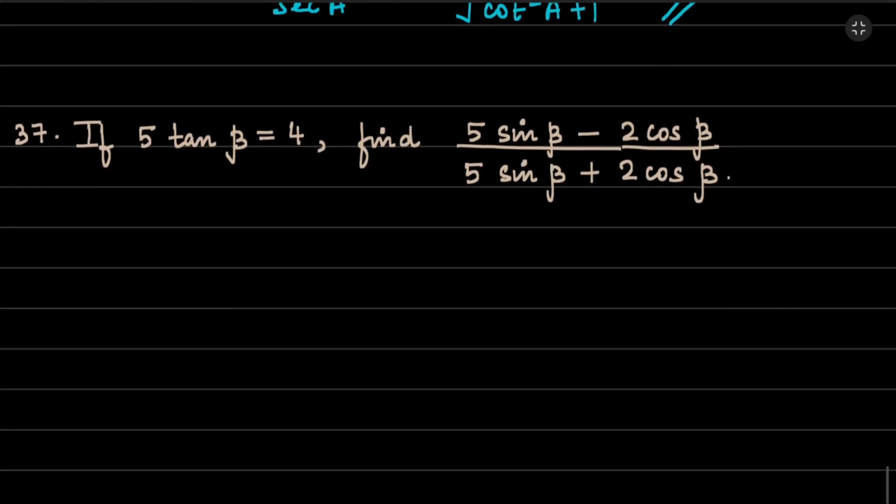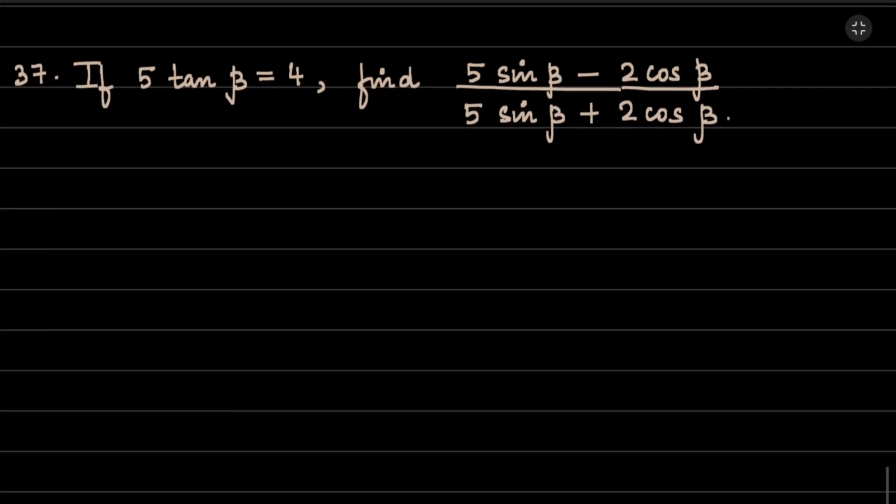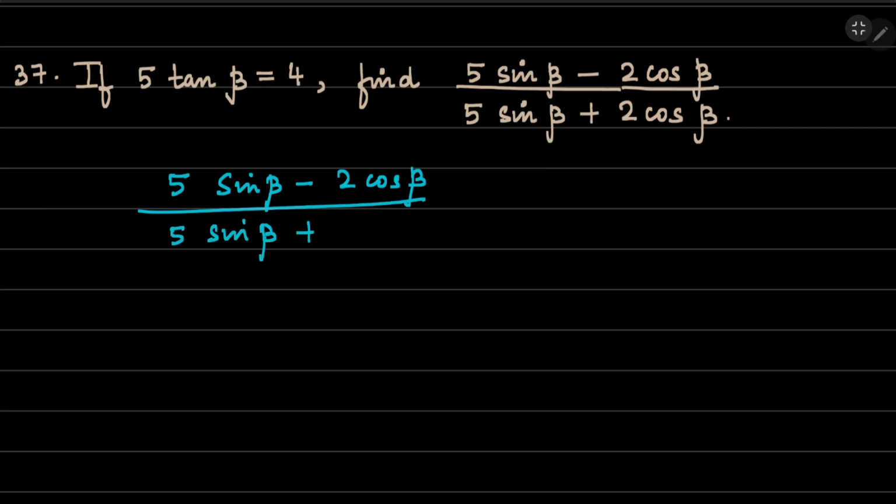And let's move on to the last question of the day. Very, very easy question. You are given if 5 tan beta equal to 4, you have to find the value of the expression. So very, very easy. Just write the given question. So 5 sine beta minus 2 cos beta whole divided by 5 sine beta plus 2 cos beta.